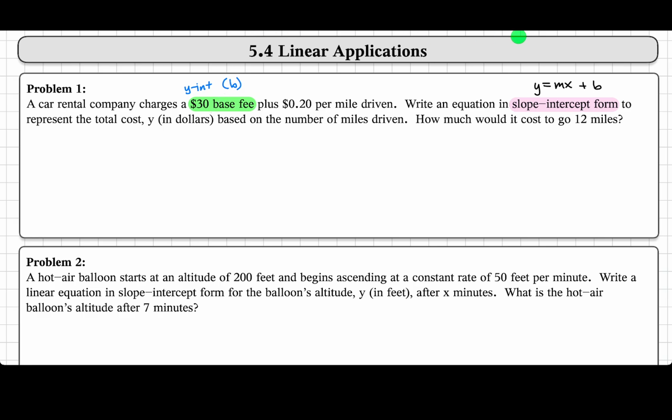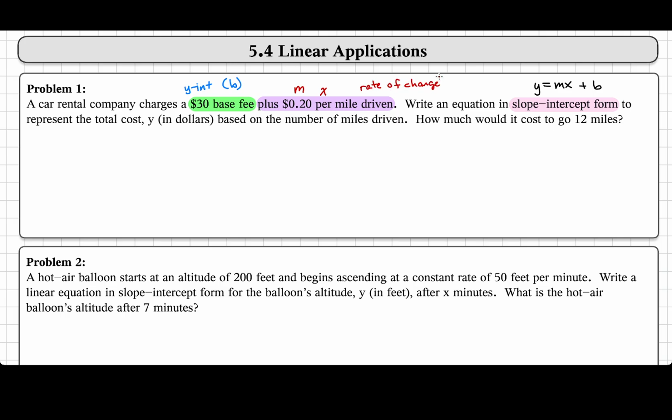Now the next part says it's plus 20 cents per mile driven. Typically when you see a keyword like per, that's your x. So this is plus 20 cents per mile, so that is your m. This is where we get the rate of change from.